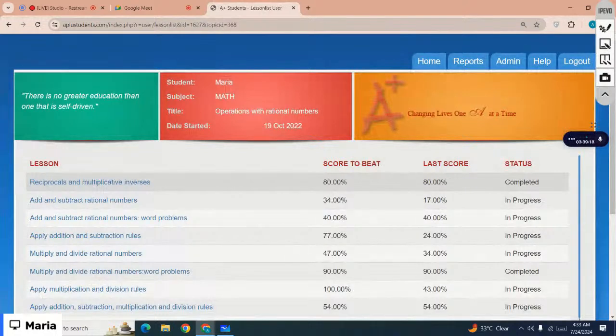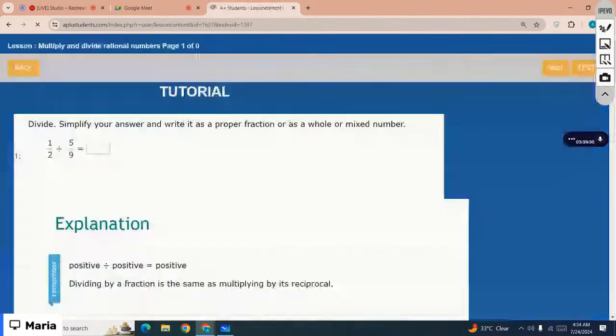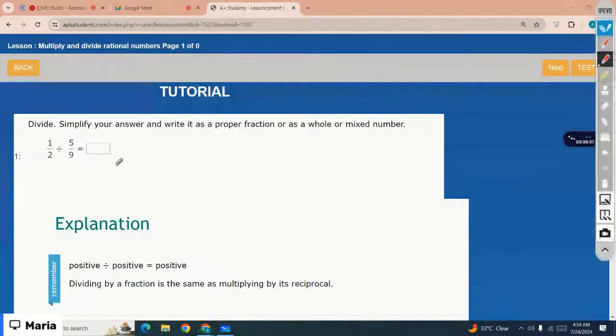The next lesson is multiply and divide rational numbers. Okay, the first one is you have to divide 1 by 2 divided by 5 by 9. So you have to divide them exactly like we do with fractions. You have to multiply it with its reciprocal. So the reciprocal is 9 over 5. That is 9 times 1 is 9 and 5 times 2 is 10.